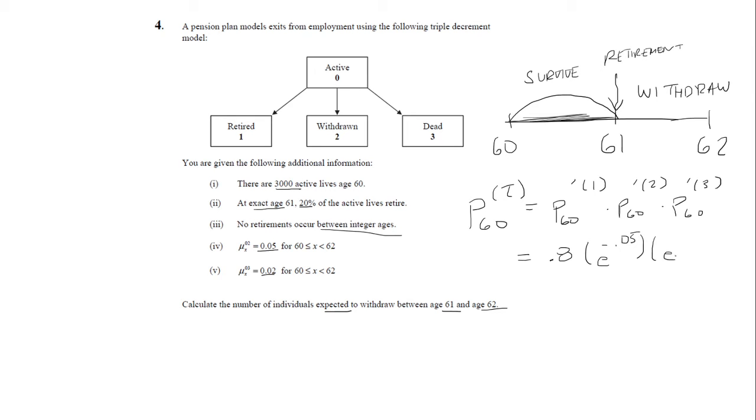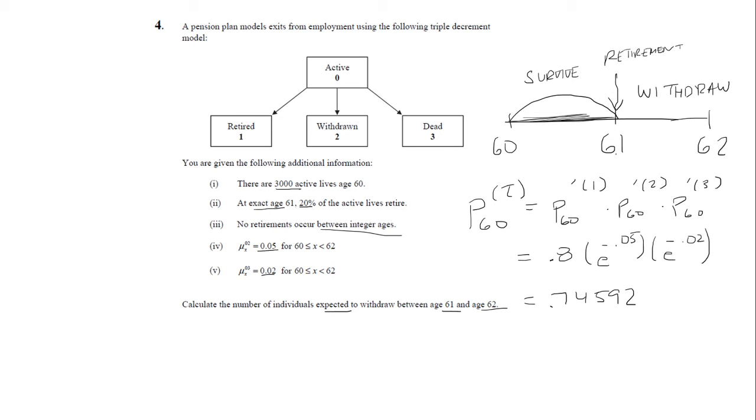And then for being dead, we're looking at the force of transition from stage 0 to stage 3, which is 0.02. And we're not going to multiply it by anything because we're only looking at 1 year. Okay. So then the total probability of surviving age 60 becomes 0.74592.